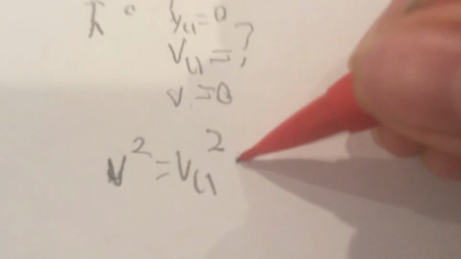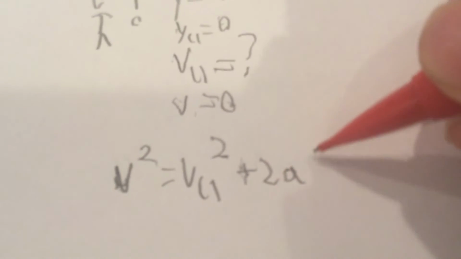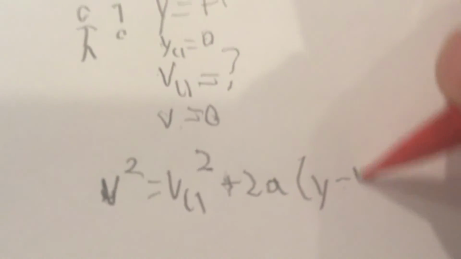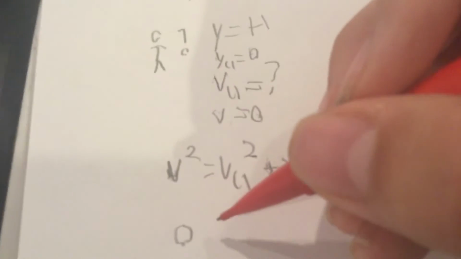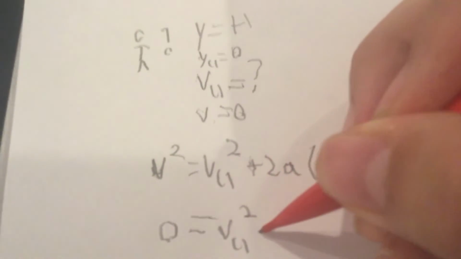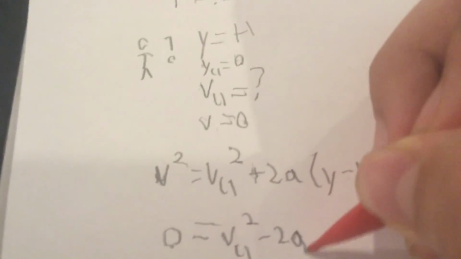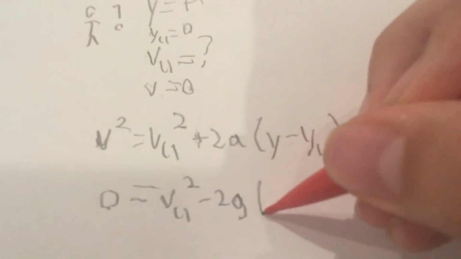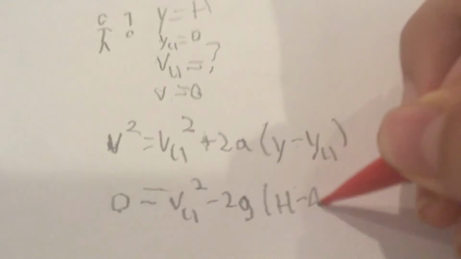So we can use the equation v squared equals v naught squared plus 2 acceleration times y minus y naught. Okay, so we can just plug the stuff in. We know that v equals 0. We have v naught squared minus 2g, the gravitational constant, times h, then we have h minus 0.